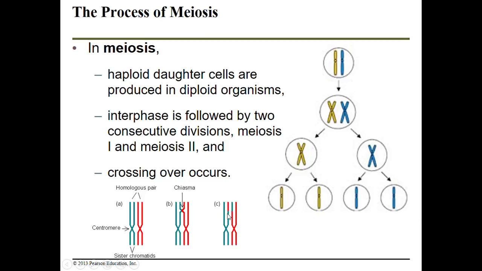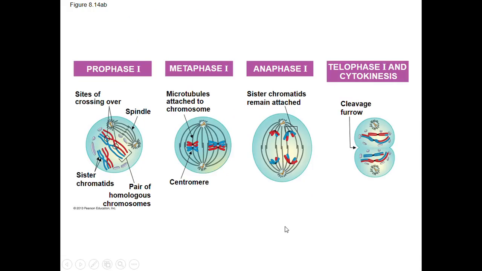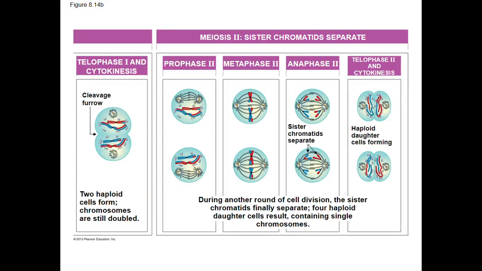And you can see how each has a little bit of information from the other. So in meiosis 1, we separate out homologous chromosomes and crossover occurs. And in meiosis 2, we separate sister chromatids. Same copy of chromosomes, except they have some crossover, and the result is 4 different cells.